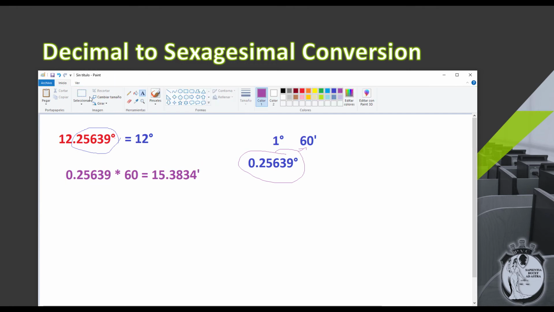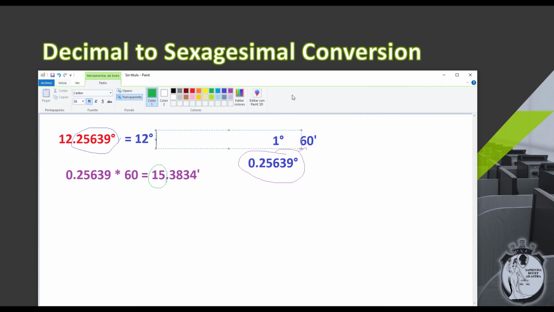Yeah, so you need to get the result, only the integer result. Yeah, 50 minutes. Okay.